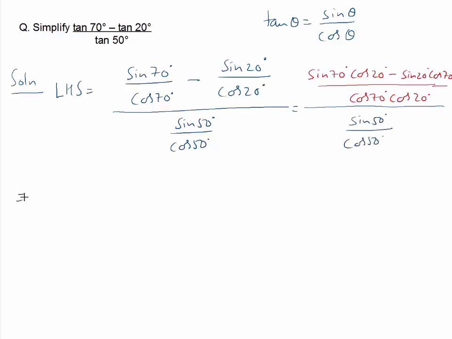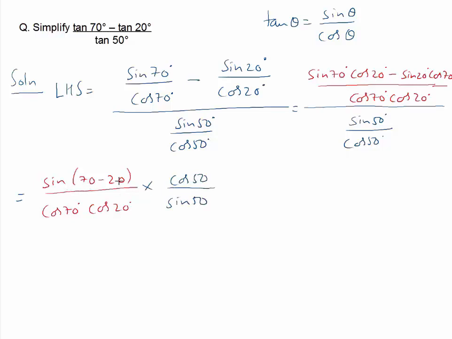If you realize, this is the formula sine A cos B minus cos A sine B. So this will become sine of A minus B, which is 70 minus 20 degrees, divided by cos 70 degrees cos 20 degrees. Now this is further multiplied by, since this is division, cos 50 divided by sine 50.